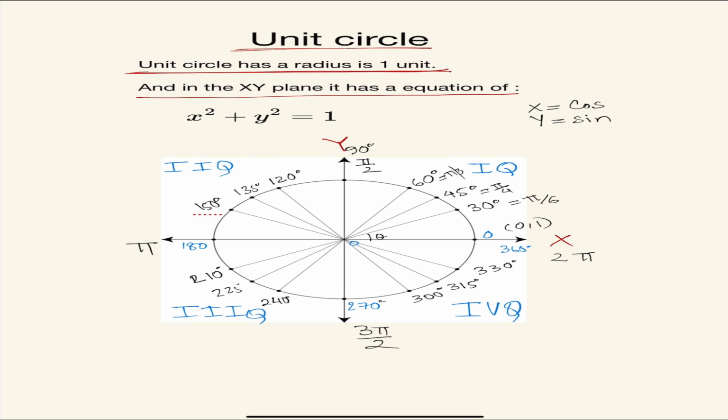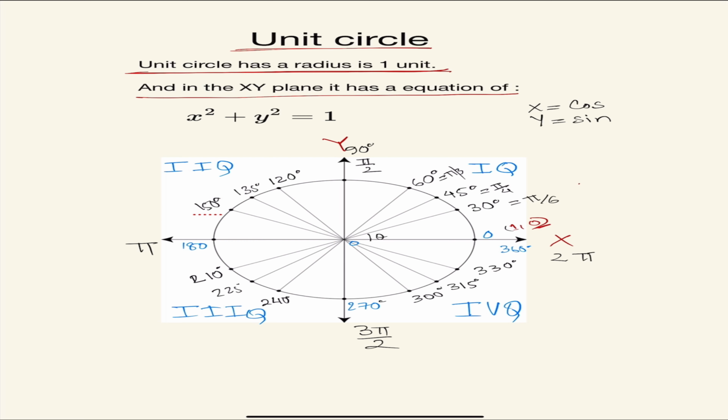So here we go. This is 1 comma 0, right? So cosine of 0 degrees is just 1, and sine of 0 degrees is just 0.